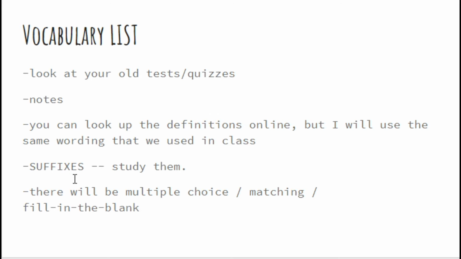If not, I'll be passing them out probably right about now. You can look at your notes. So those should be the top places that you look to find the definitions. But if you don't have your old tests or quizzes, you can look up the definitions online. The only thing is the wording might be a little different online than the definitions we made in class. So it might look a little bit different when it gets to the test. Okay?